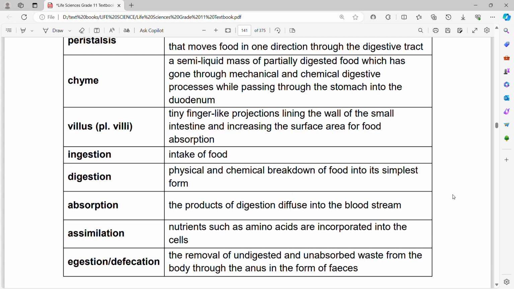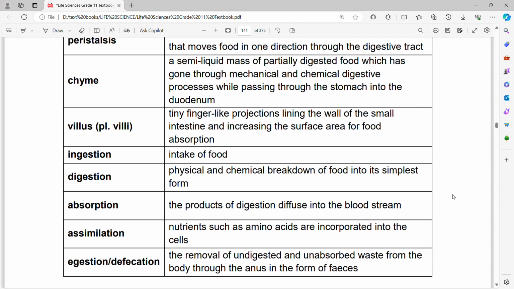Then ingestion means to take in food. Digestion means for that food to break down using chemical and physical processes into the simplest form. Absorption means the digested food will now diffuse into the bloodstream. That means absorption is taking place. Assimilation is when nutrients such as amino acids are incorporated into the cell.